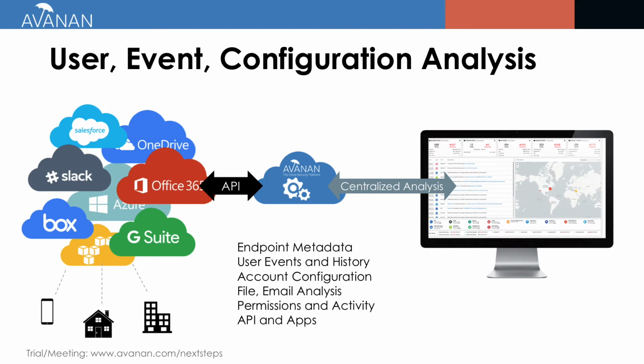We look at permissions and we look at activity, and we analyze API connections or apps that might be connected to your cloud. Using all of this information, we gather together in one place across multiple clouds, across multiple users, and then analyze it in one place. And it's this ability to capture so much information and analyze it in one place that makes it possible to identify and protect against account takeover.